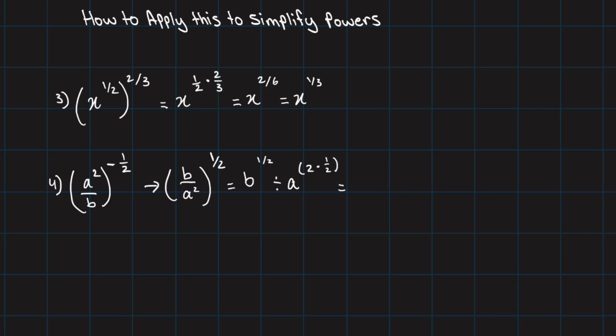So this will just simplify to b to the 1/2 divided by a. And it stays like this because you have to remember bases are very important. Since b and a are different bases, you can't simplify this any further.